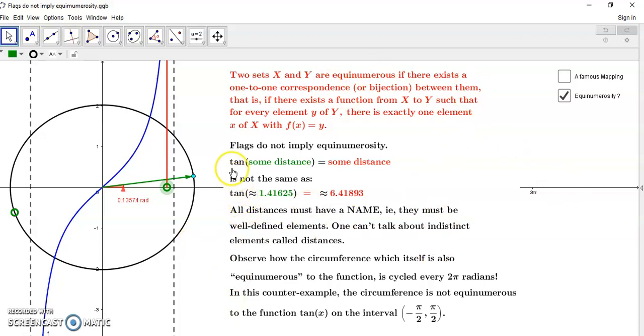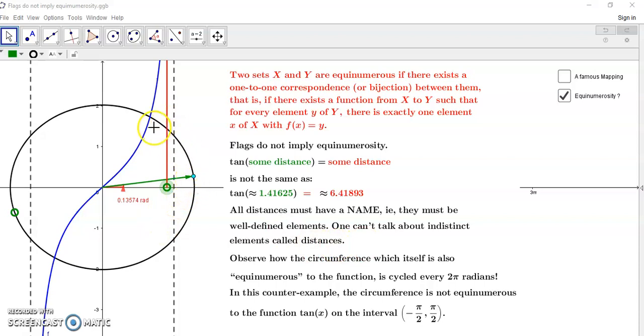Moreover, the reason this here is not the same as this expression here is that all distances must have a name. That is, they must be well-defined elements, right? We must know what they are. We cannot talk about indistinct elements as flags, which mark certain distances. We must be able to reify the distances in terms of coordinates.